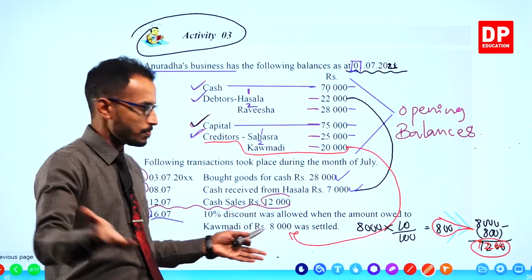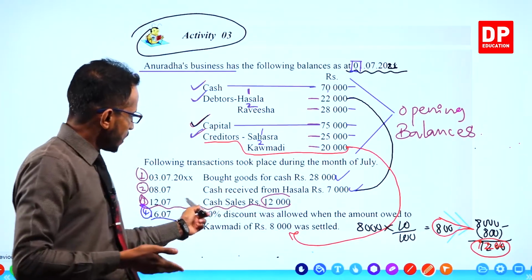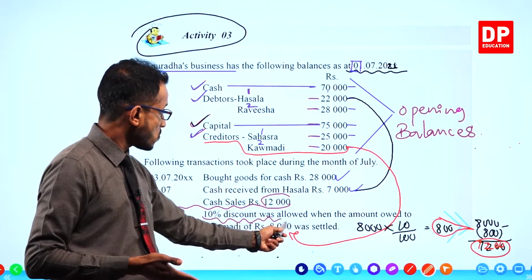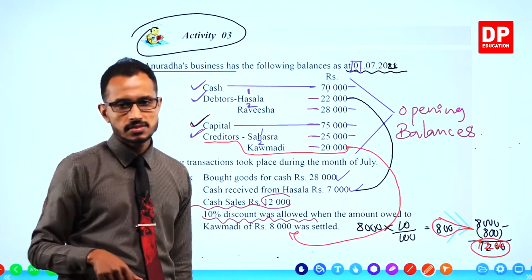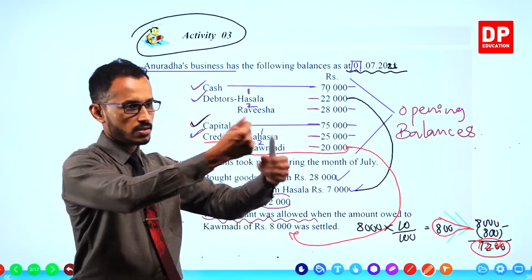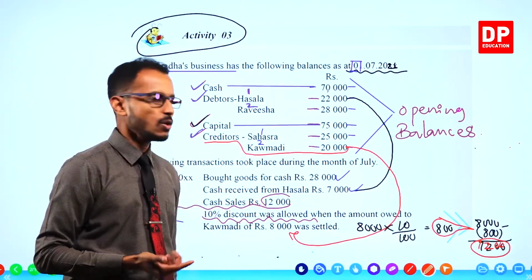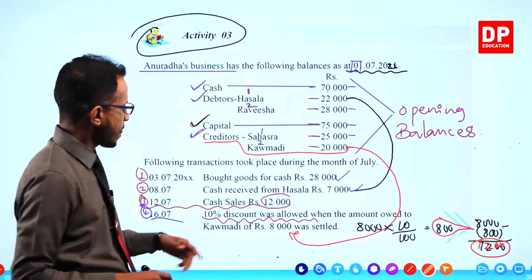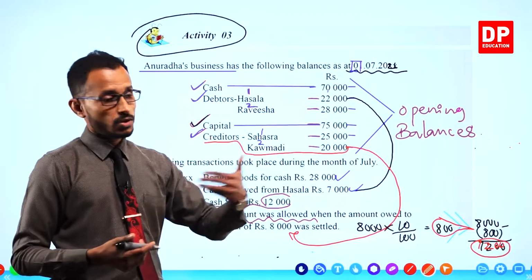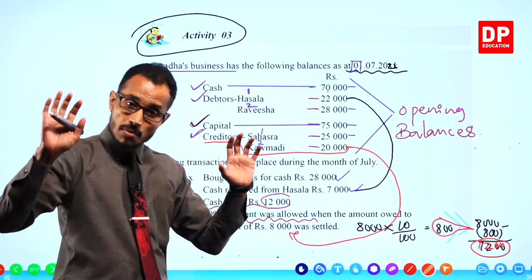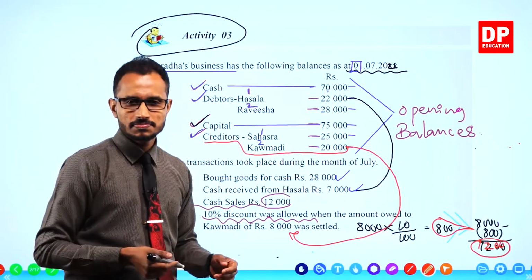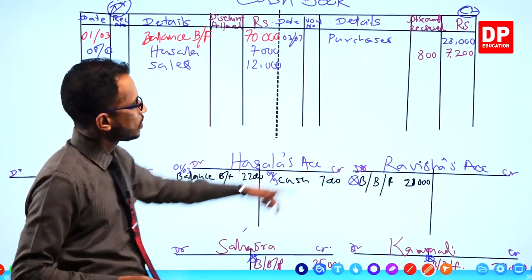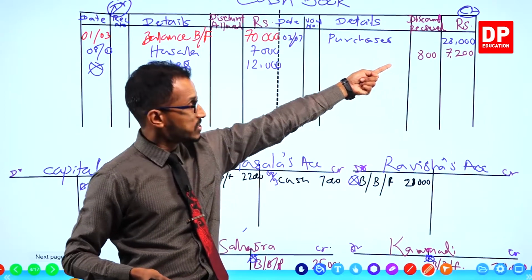What they say is 10% discount was allowed to us when we paid her the money we owe her. You know, we are owing her and we are paying her, and we were given a discount. From our point of view, it is a discount received. That's why it is in the discount received column.